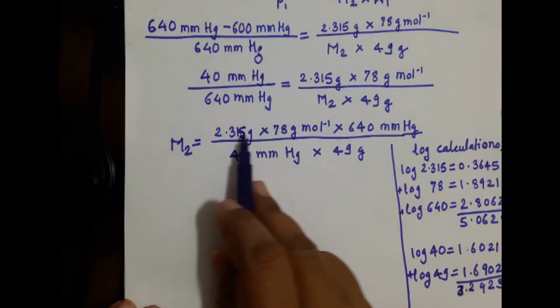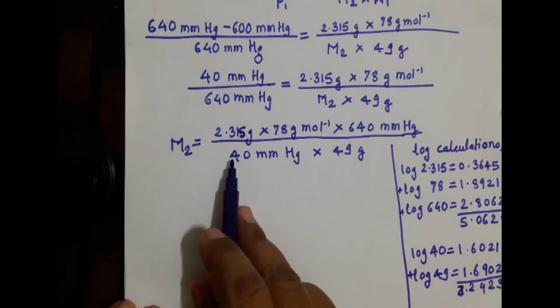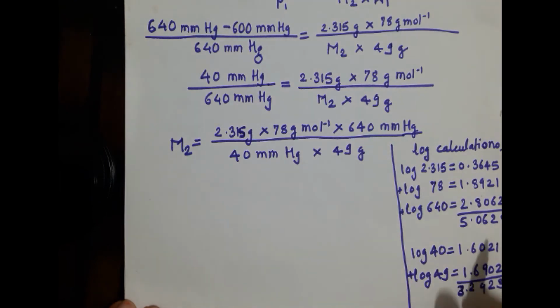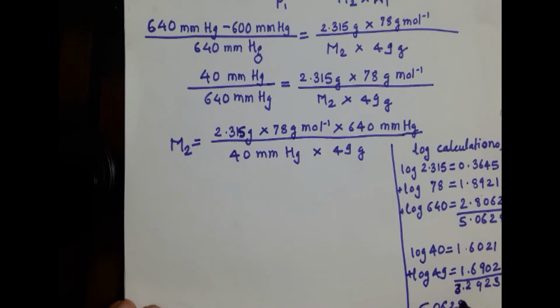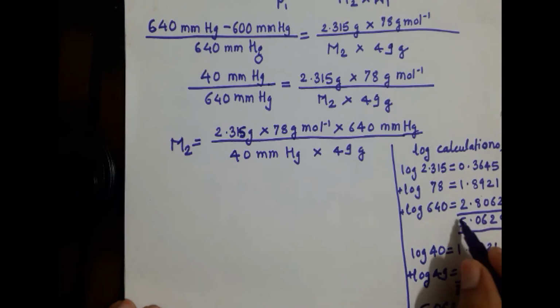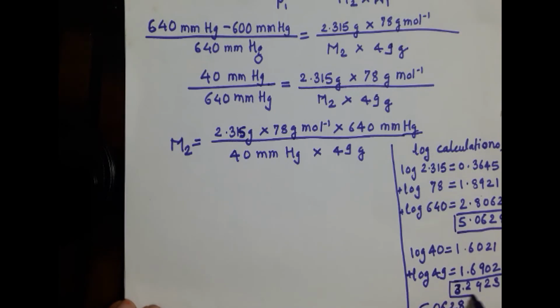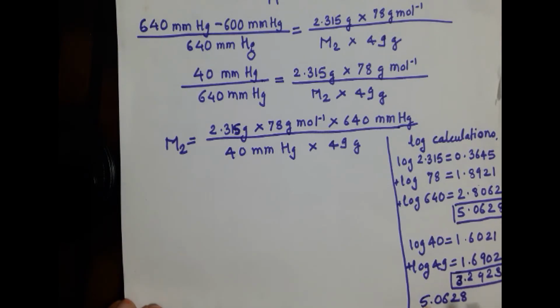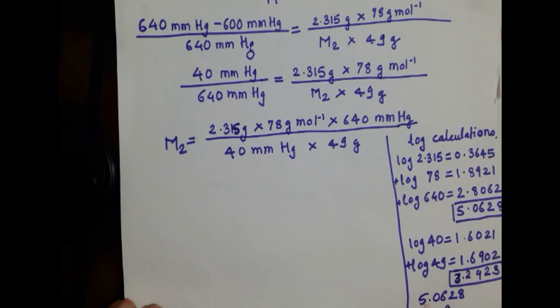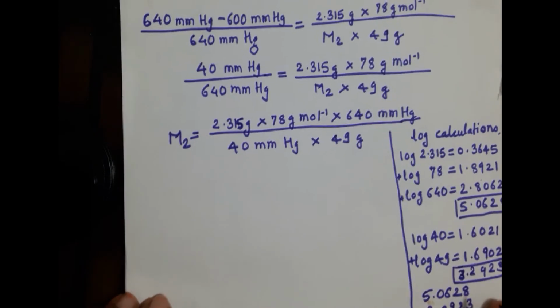Now we take the addition of logs of this minus the logs of these two. So 5.0628, this value, minus this, minus 3.2923.